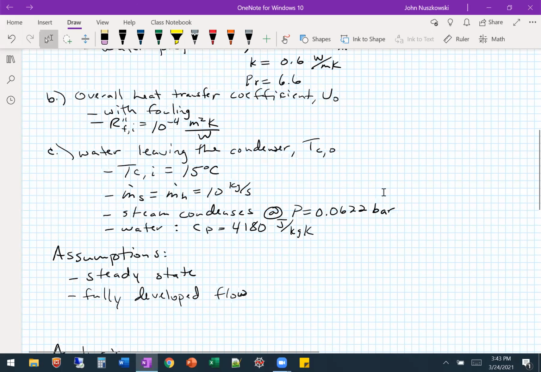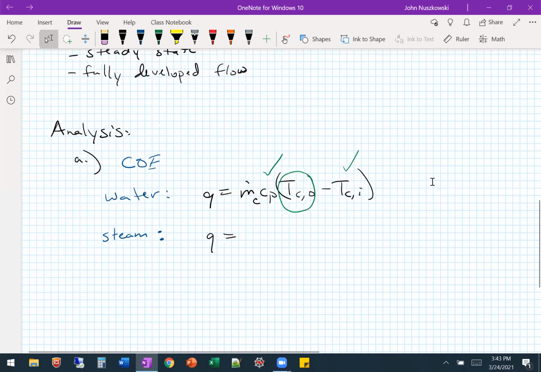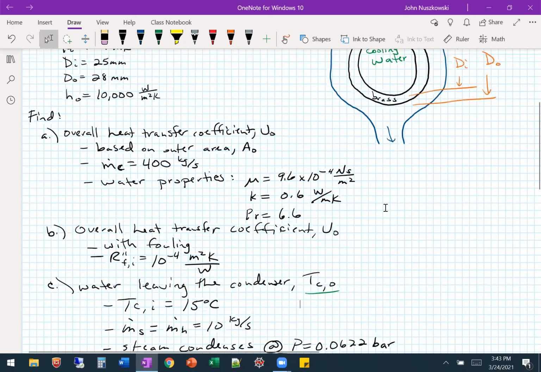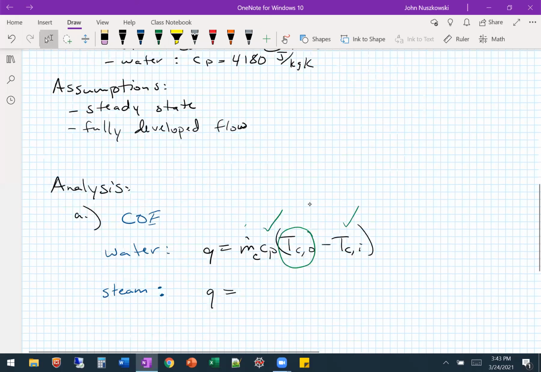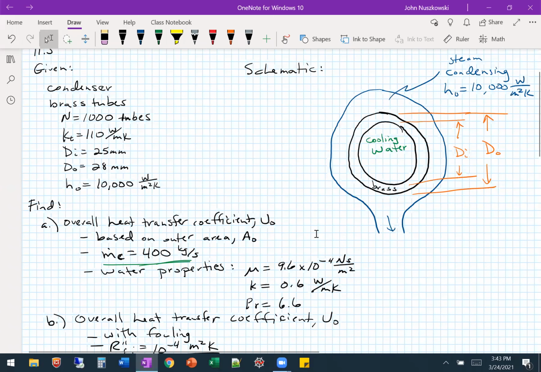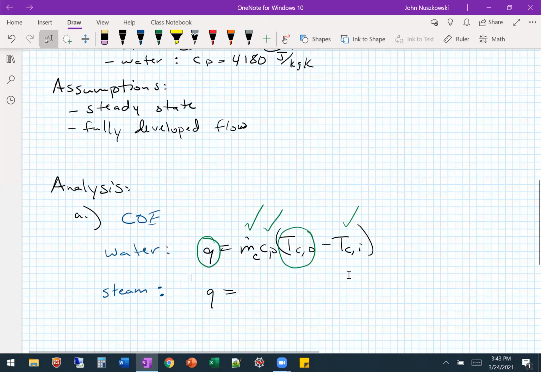They're asking for that in part C. And then mass flow rate we do have, right here. But we don't have Q, right? So now if we look at the steam side, is the steam changing in temperature? No, it's not changing in temperature, it's condensing, right? Does that mean there's no heat transfer?